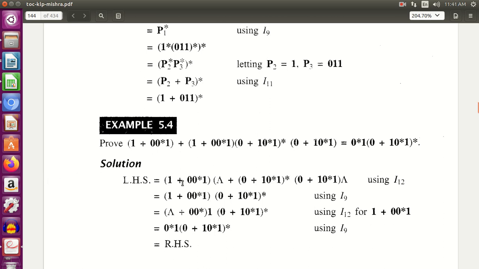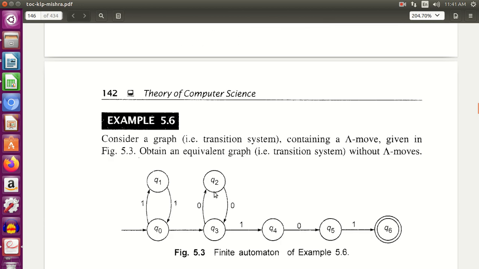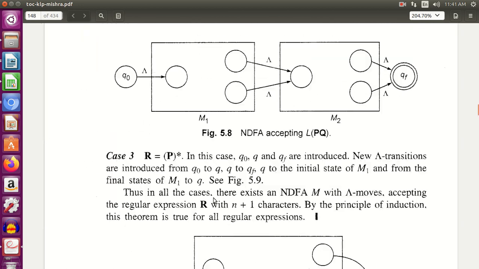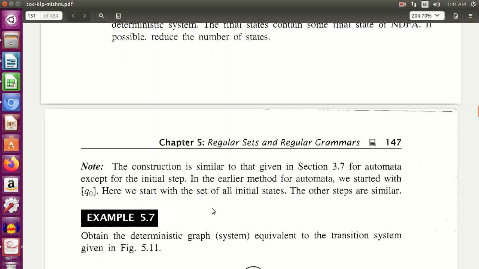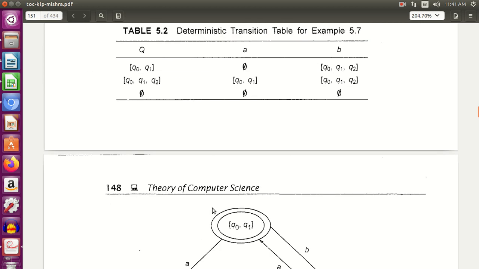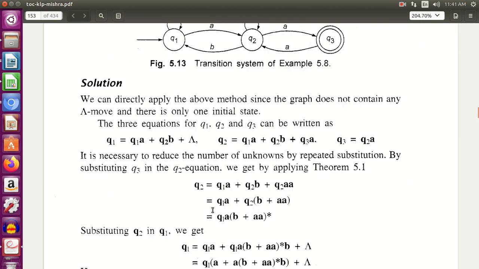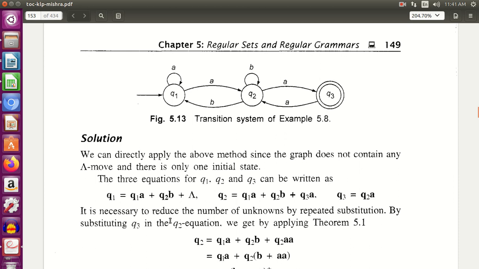Okay, so now what I'll be doing is I'll be directly going to the portion that I was talking about, that is, given a transition system, you have to find the regular expression for the same. Okay, so here's the question for you.